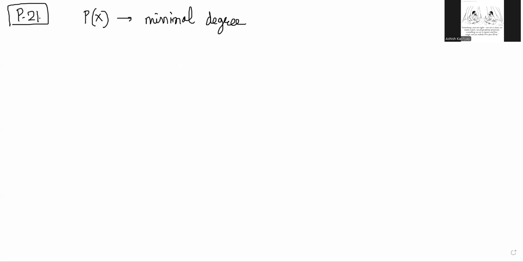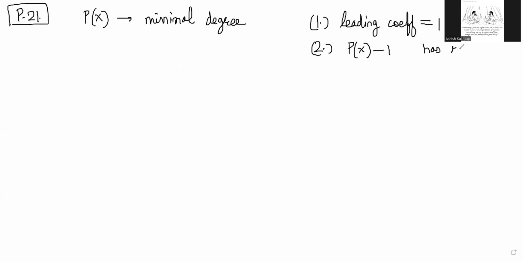They have given: leading coefficient is 1. 1 is a root of p of x minus 1, so p of x minus 1 has root 1. 2 is a root of p of x minus 2. 3 is a root of p of 3x.